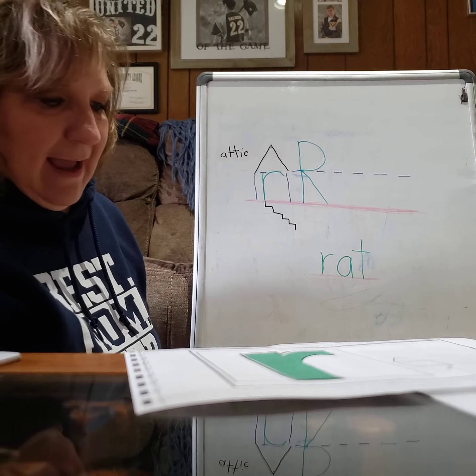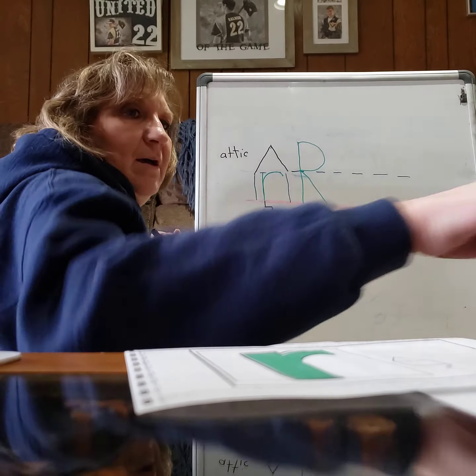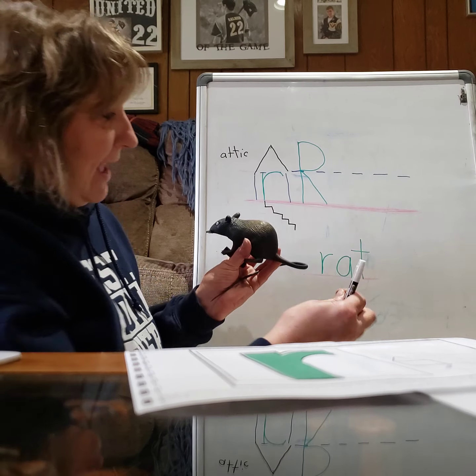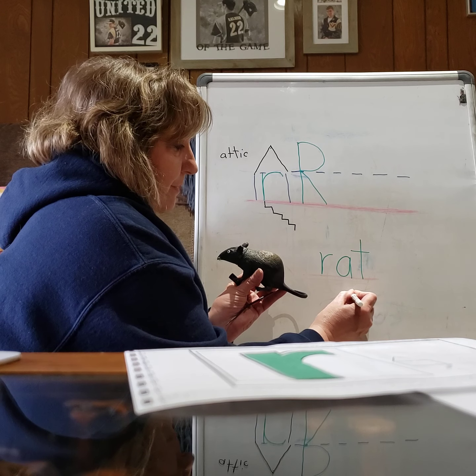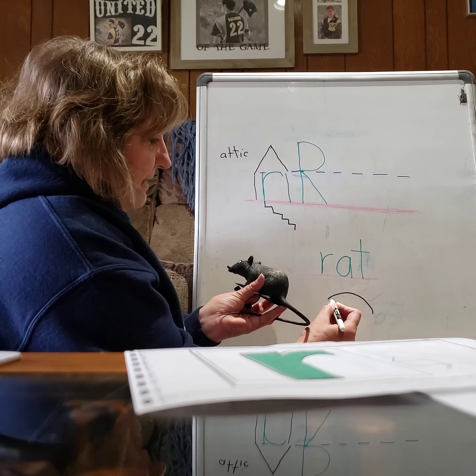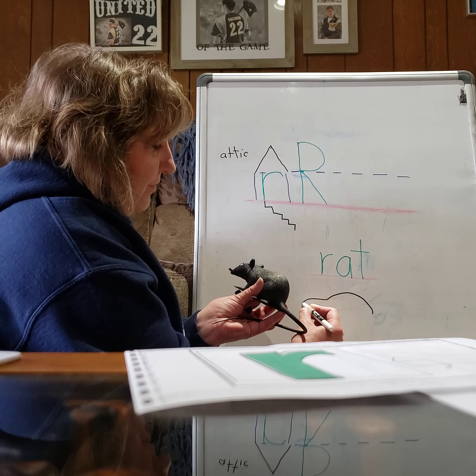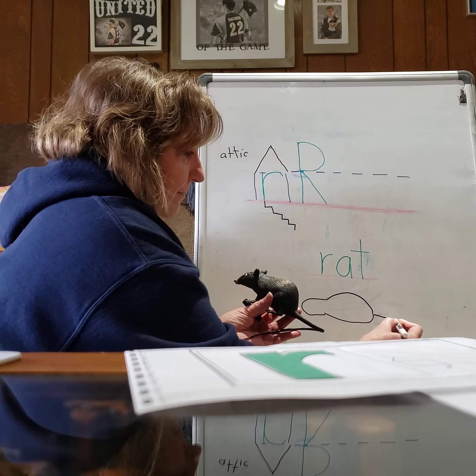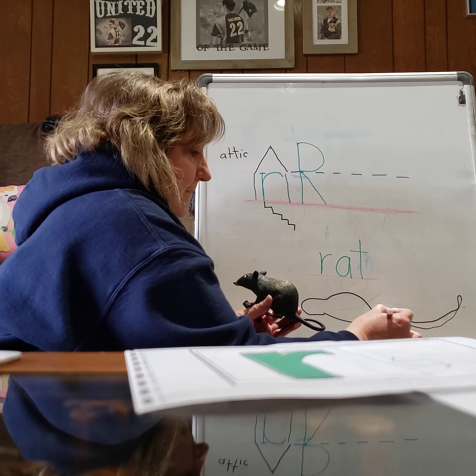And then we would have a picture of our rat. First we need like his back. We'll draw his back. Then he has kind of an oval shaped head and a flat belly and a big long skinny tail.